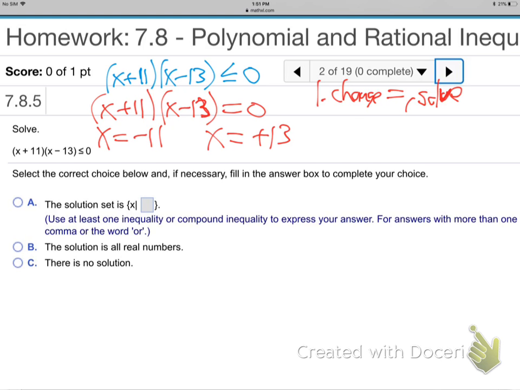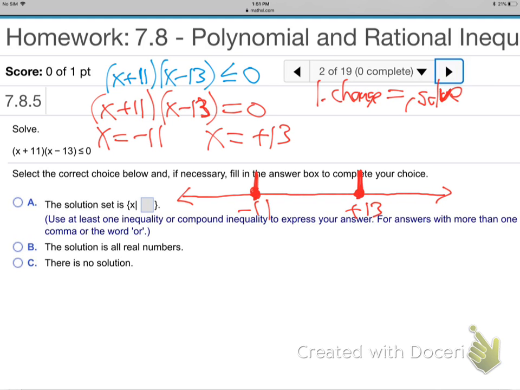So put those on the number line. Minus 11, positive 13. Right, those are my breaks in my stick, my ruler.